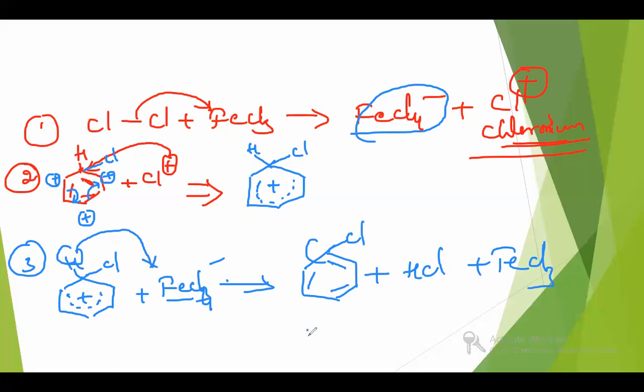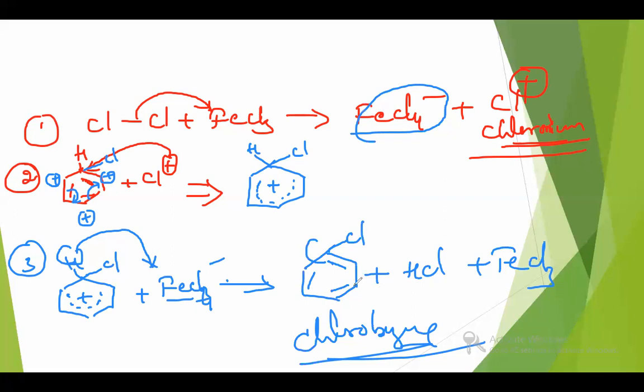So we'll be forming chlorobenzene. This is chlorination, the mechanism of chlorination, an example mechanism of halogenation. Cl is replaced by X, then you'll be getting halogenation.